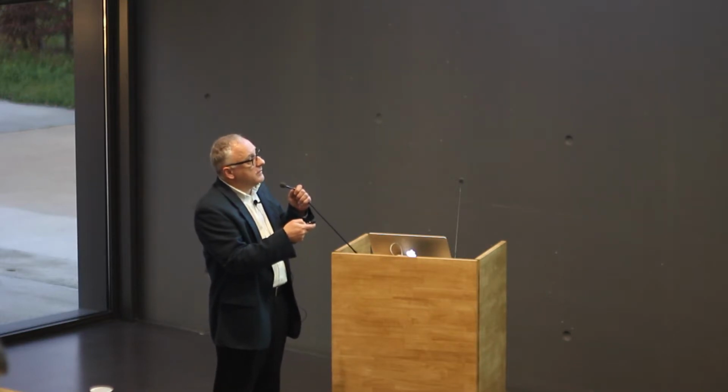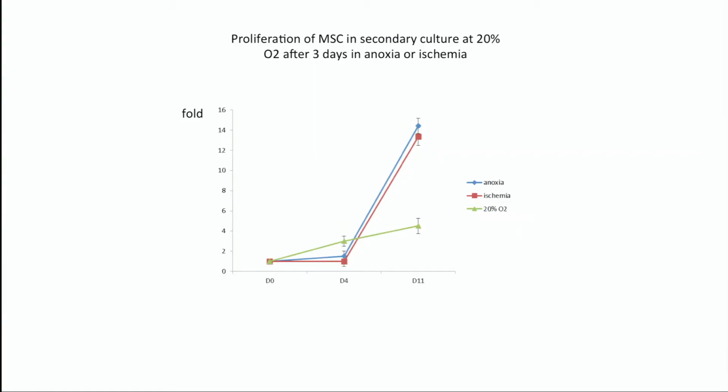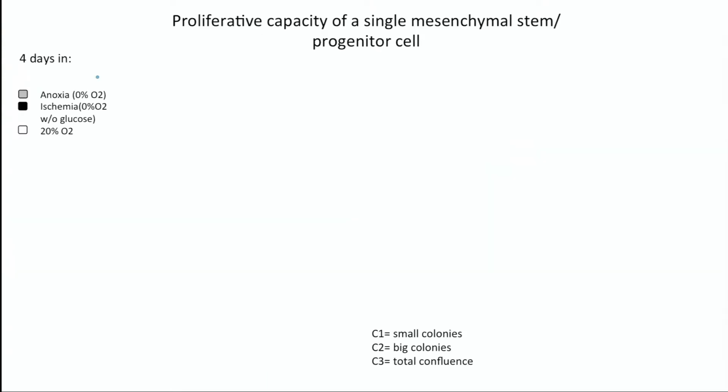We performed an assay in which the cells were cultured in anoxia without glucose, which we called here ischemia, because this was ex vivo modeling of ischemia, for 4 days in comparison to the 20% oxygen cultures, and then we transferred all the cultures to 20% oxygen to enable maximal expansion of these cells.